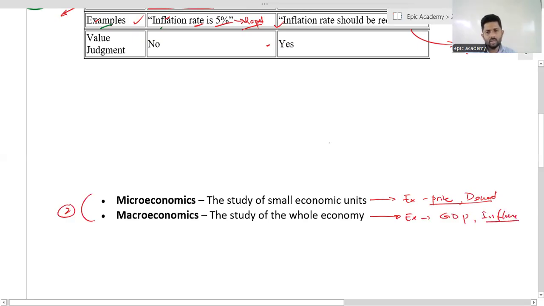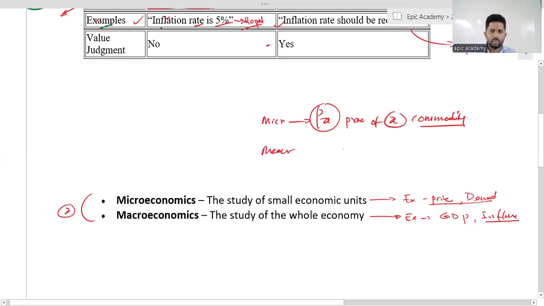So in microeconomics, we discuss the price of X commodity. We call it PX, price of X commodity. But in macroeconomics, we are going to describe GDP or inflation. Let's just take inflation as suitable for that.